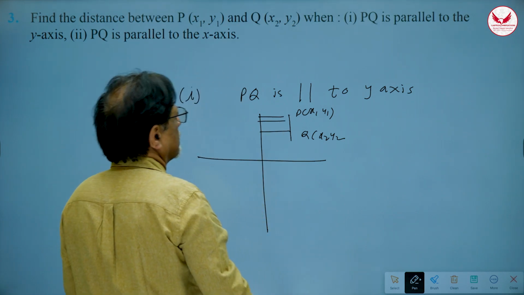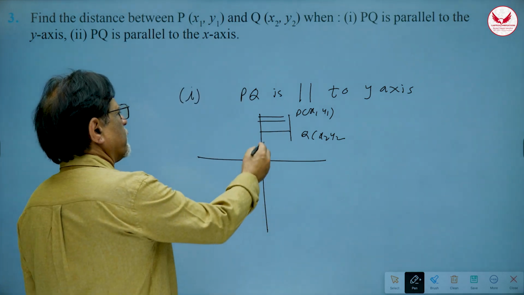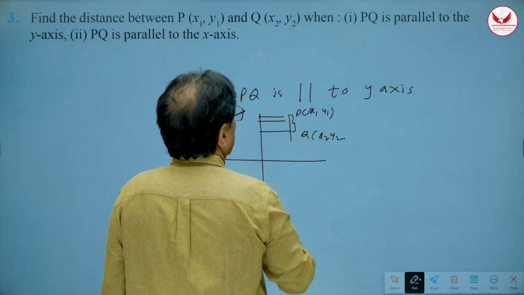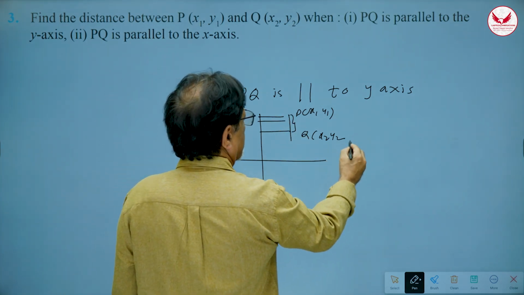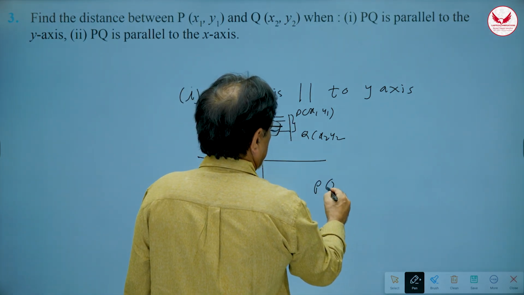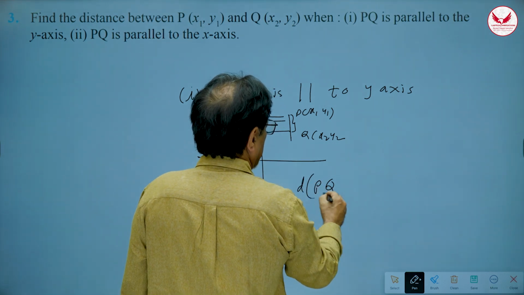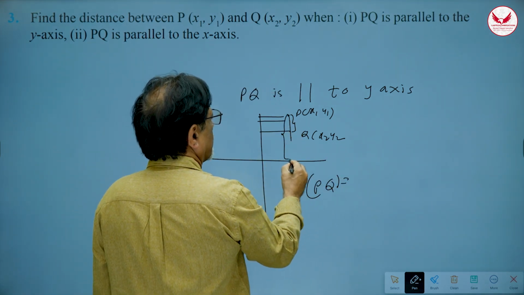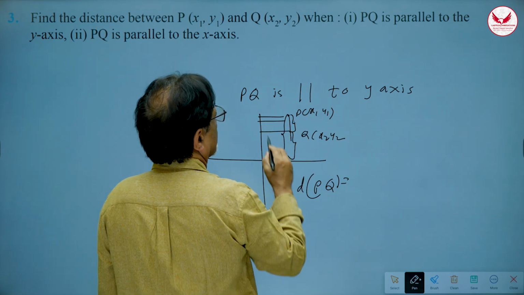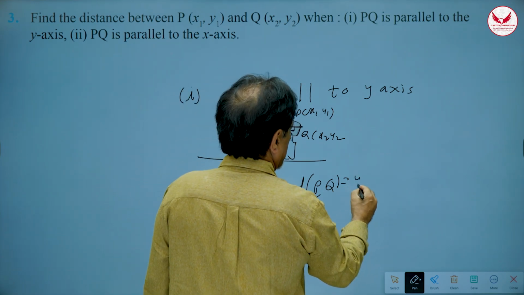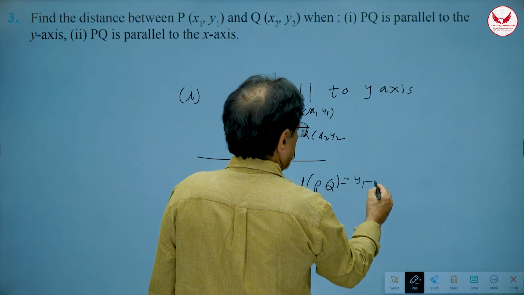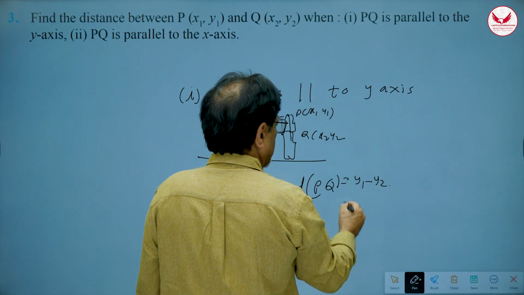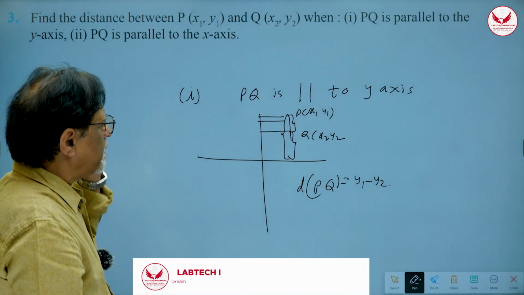So what will change is only the distance along the y-axis. So the distance PQ is nothing but the difference between their y coordinates. So it will be nothing but y1 minus y2. Correct? So that is the distance between P and Q.